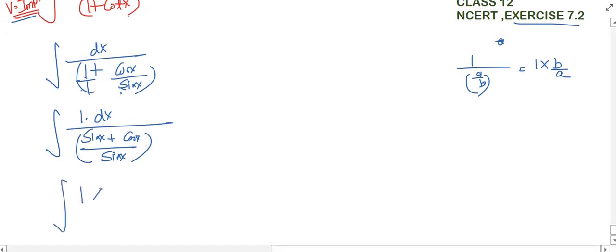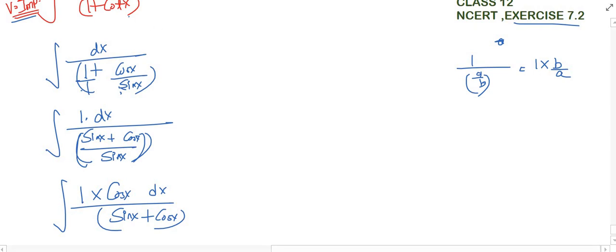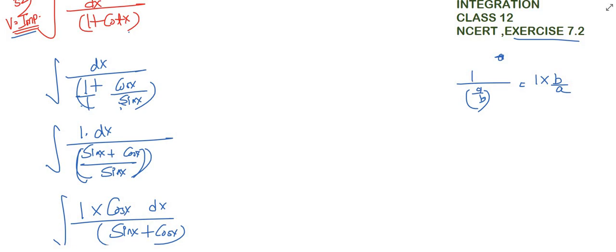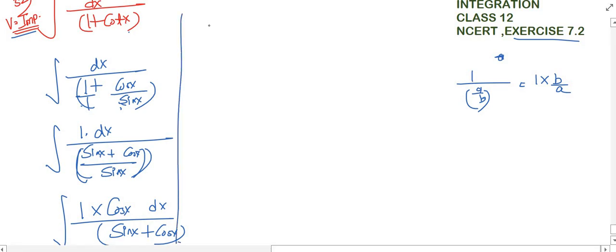So it will be 1 into, the denominator will flip, cos x by sin x plus cos x dx. Okay. So here we got this much. What else can we do? So far we got cos x by sin x plus cos x dx.